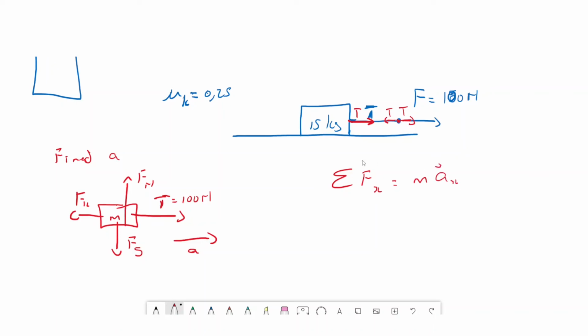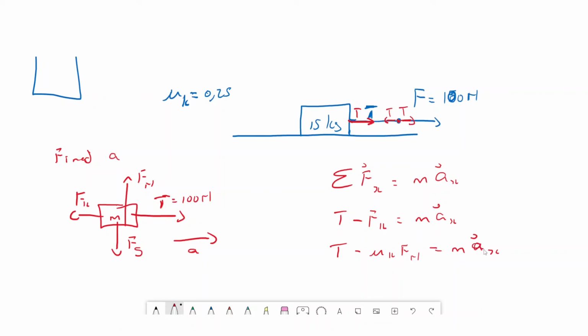on the x. What are the forces on the x? It's the tension minus Fk, which is going to be equal to max. I don't know what this ax is. There's nothing I can do here except to say Fk is going to be mu k Fn. So I need to find what Fn is going to be.